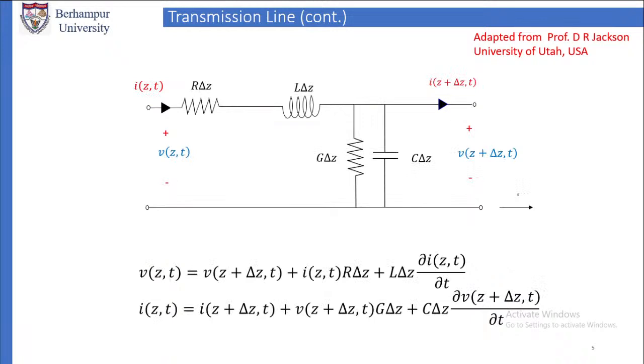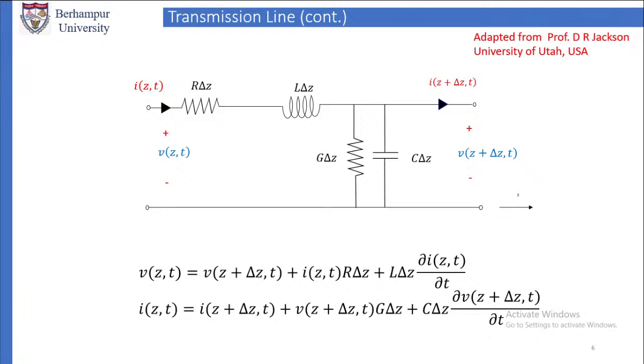Okay. Now we will use Kirchhoff's law for analyzing the transmission line. Once you know that, you can always use Kirchhoff's law. So now find out what is V(Z,T), the voltage at the entering end. Now instead of entering end, I will call it left end and right end. So at the left end, voltage is V(Z,T).